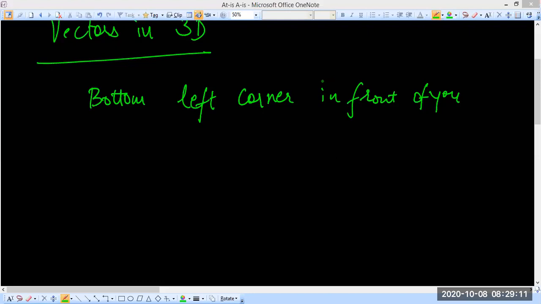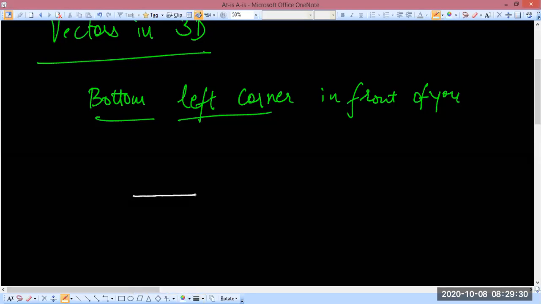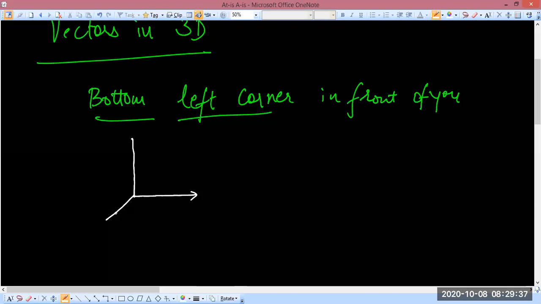Could you find that corner in your room? Bottom left corner in front of you. Does it look like this over there at the corner? Does it appear like this?